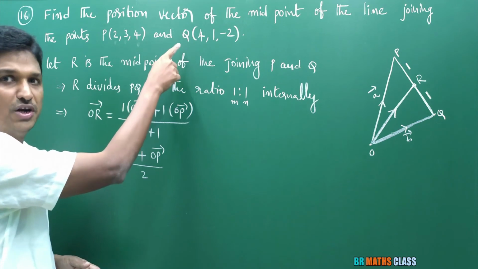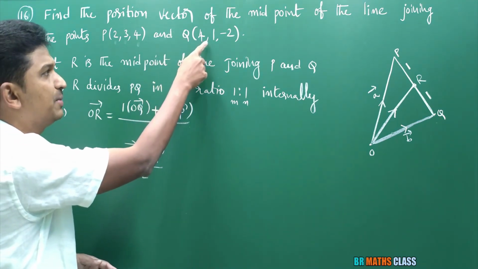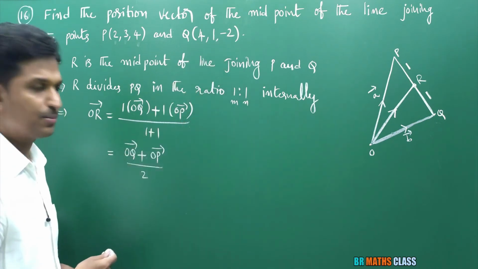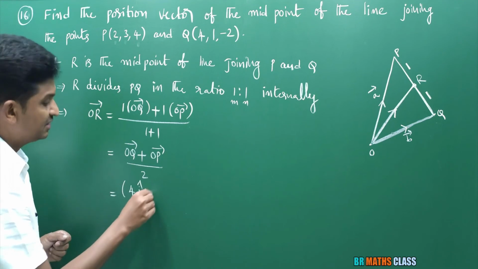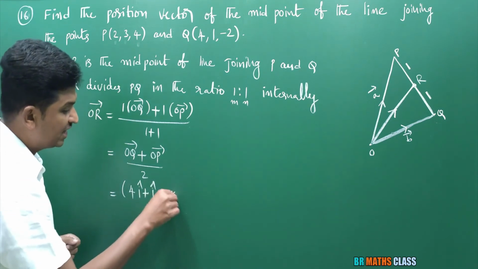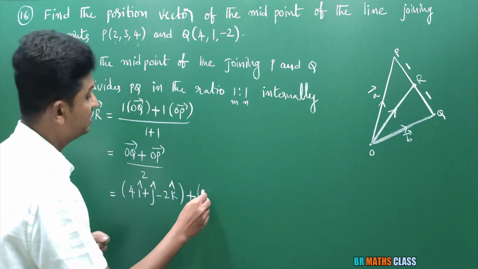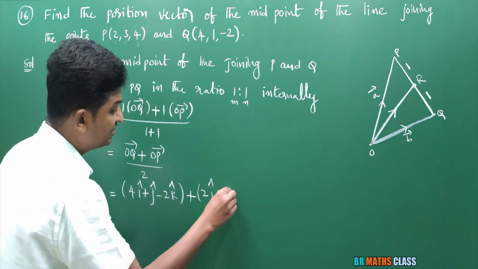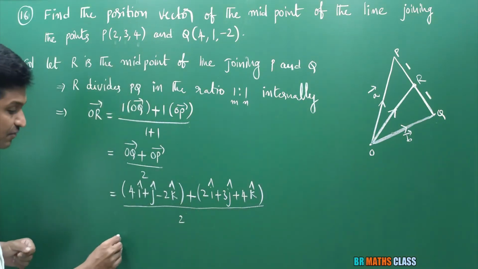Similarly, for the given point Q, OQ bar is 4 i cap plus j cap minus 2 k cap. So OR bar is 4 i cap plus j cap minus 2 k cap plus 2 i cap plus 3 j cap plus 4 k cap, whole divided by 2.